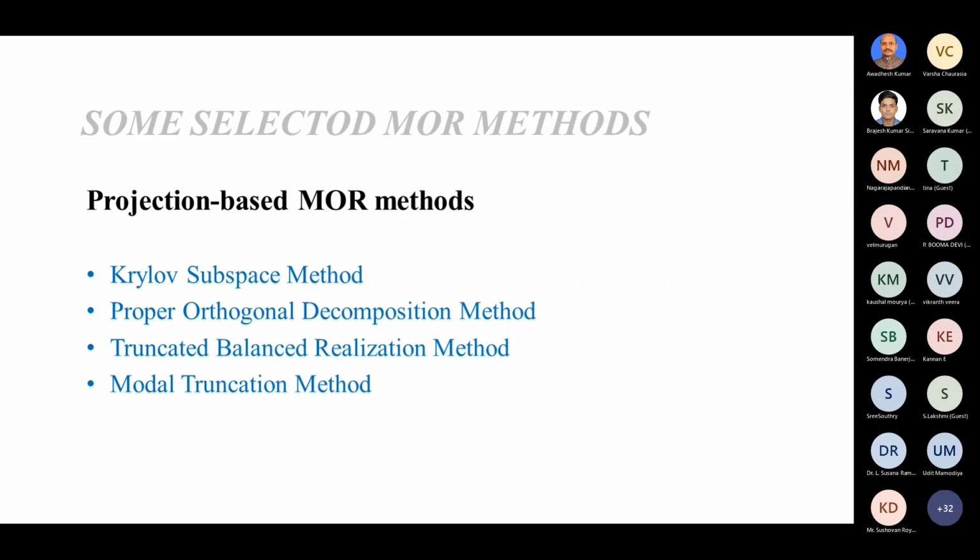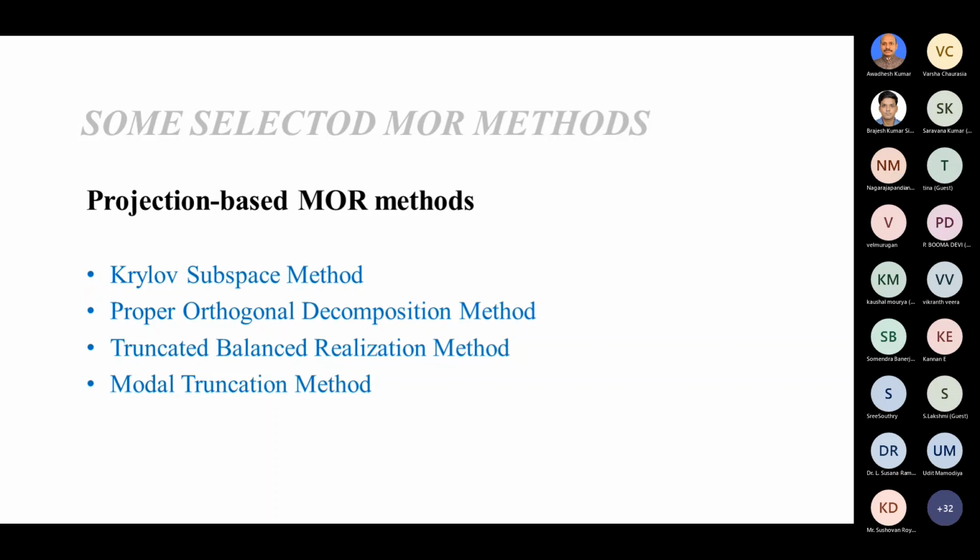Then as I told you, there are projection based model order reduction methods. The Krylov subspace method is a very popular method because it can reduce thousands and thousands of higher order systems to a reduced order model. Then we'll discuss this Krylov subspace method. In the Krylov subspace method to find model order reduction, we again go for power series expansion of the transfer function.